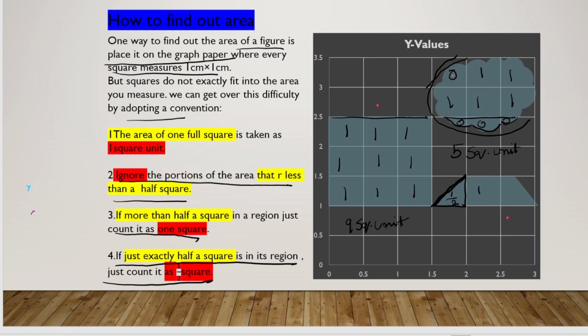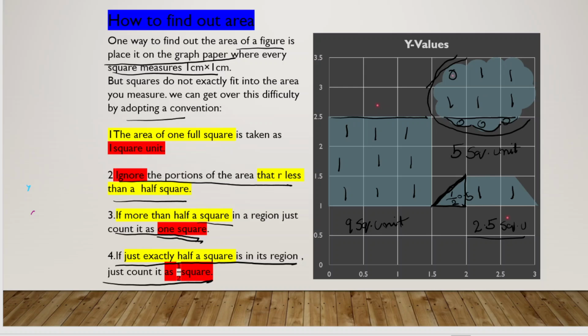And this is the full square, so this can be denoted as 1 square unit. And this is more than half a square, so it can be denoted as 1 square unit. So from this, we can say that the area of this figure is 2.5 square units, because this half can be written as 0.5 square units.